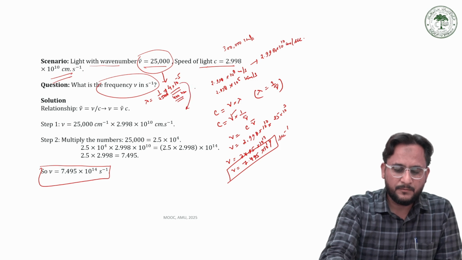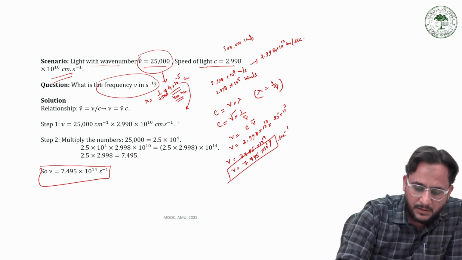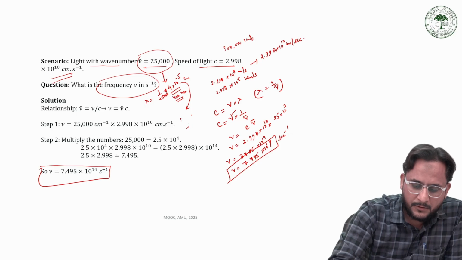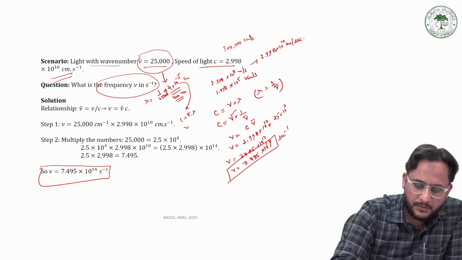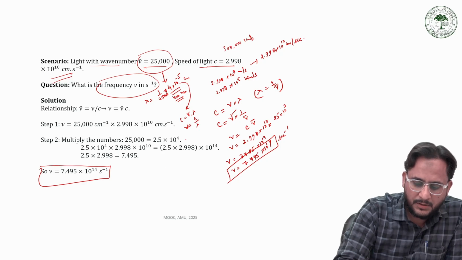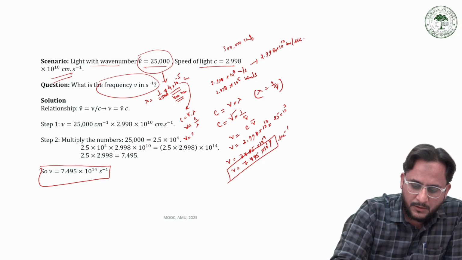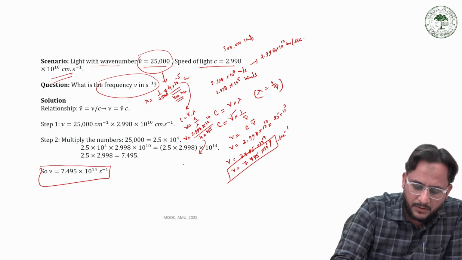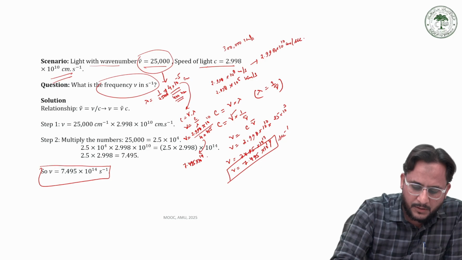Here velocity is equal to frequency into lambda, and frequency is equal to velocity upon lambda. So in that way the frequency will be equal to 2.998 into 10 raised to the power 10 divided by 4 into 10 raised to the power minus 5. Again it turns out to be 7.495 into 10 raised to the power 14 second inverse.